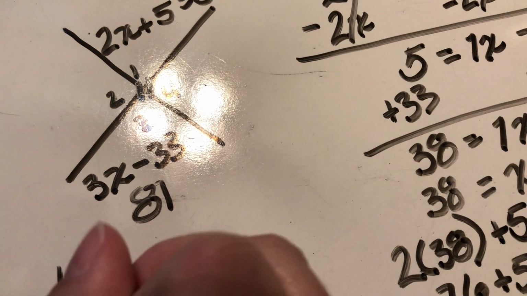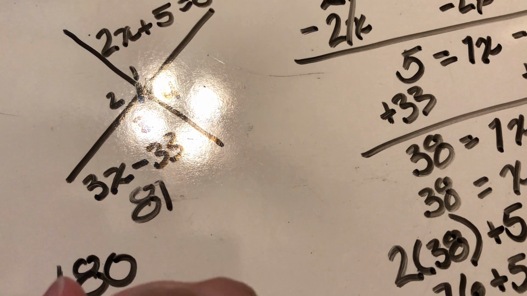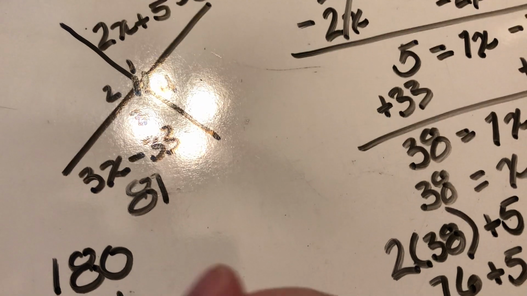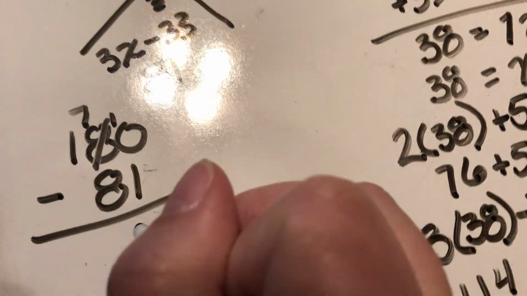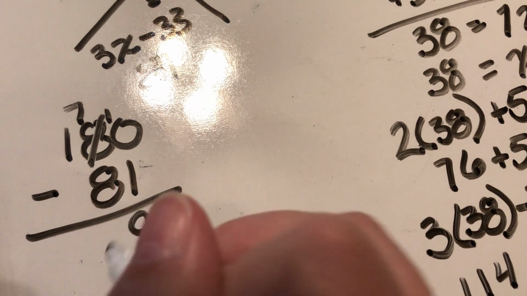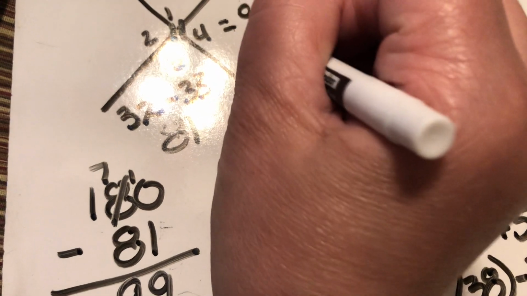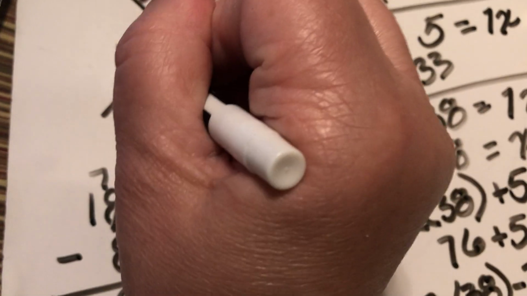So I'm going to take 180 minus 81. I'm going to borrow. 10 minus 1 is 9. 17 minus 8 is 9. So angle 4 equals 99 degrees and angle 2 equals 99 degrees.